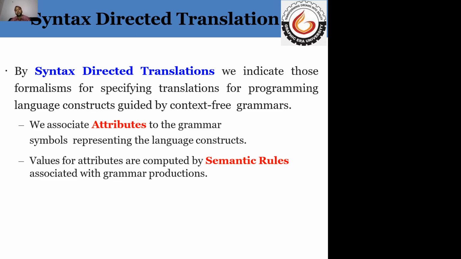It is built by including attributes and semantic rules. Attributes, as already discussed, may be type, address, or value, and they become semantic rules next time.